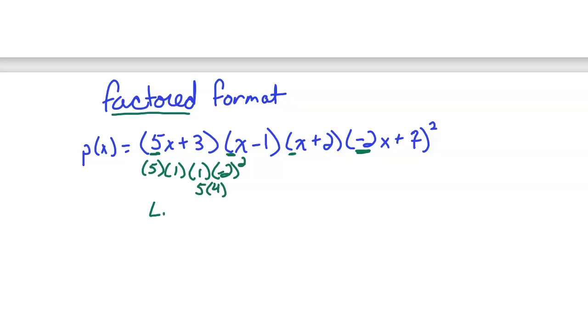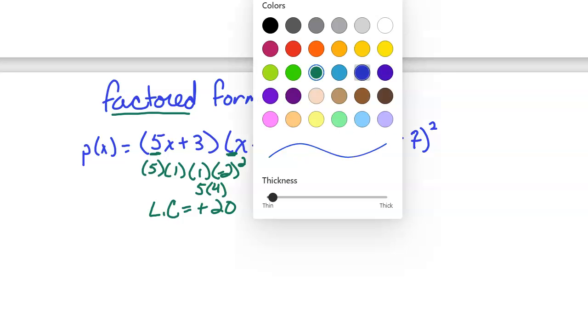So our leading coefficient here is actually a positive 20. So you have to pay attention here to all of the values that are in front of your x values. Let's look at another one.